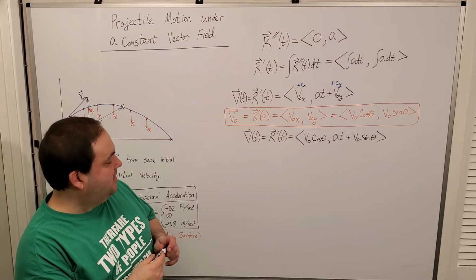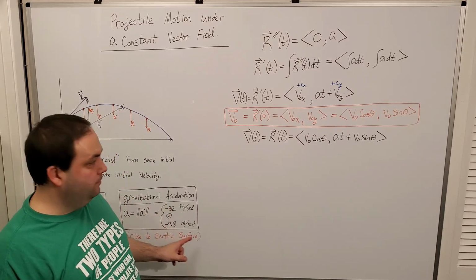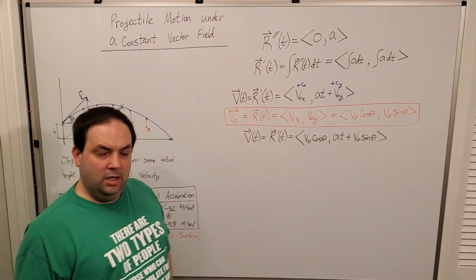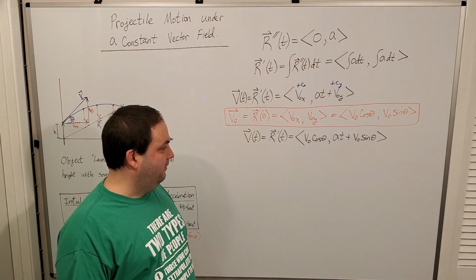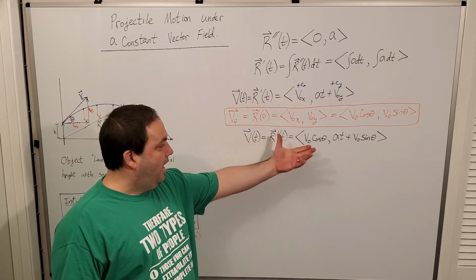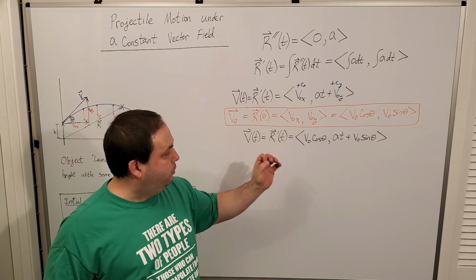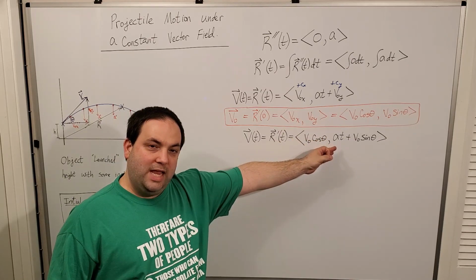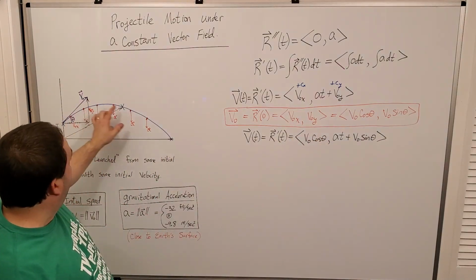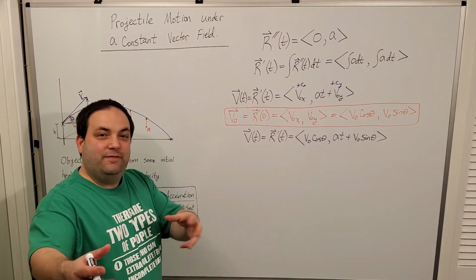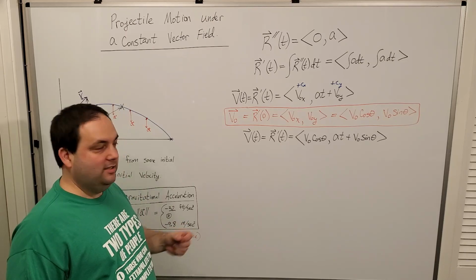And don't forget, a is probably a negative number, considering the formation of what we have here. So now I have a velocity vector function throughout the whole space. I plug in a number for t, and at any moment I'll have the velocity vector, the tangent vector, at all the points. That's what I have.